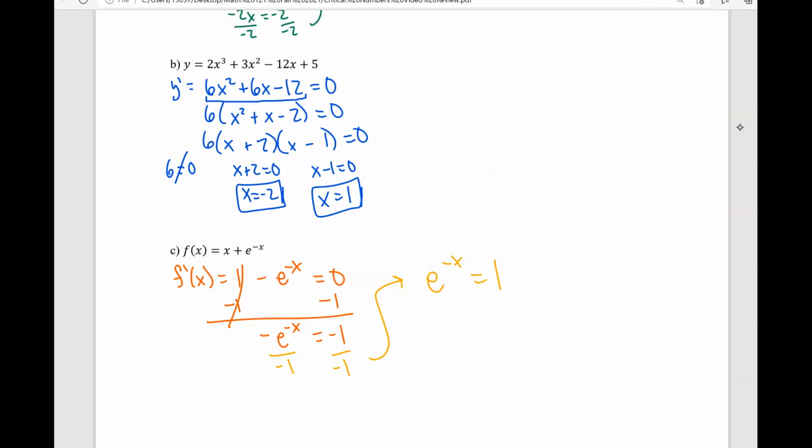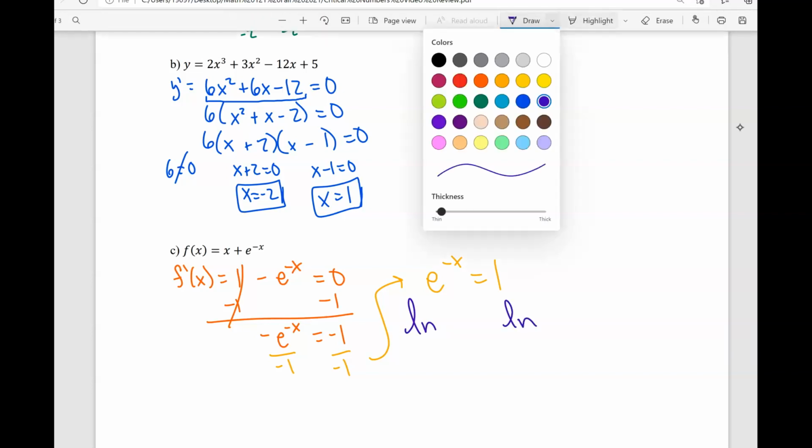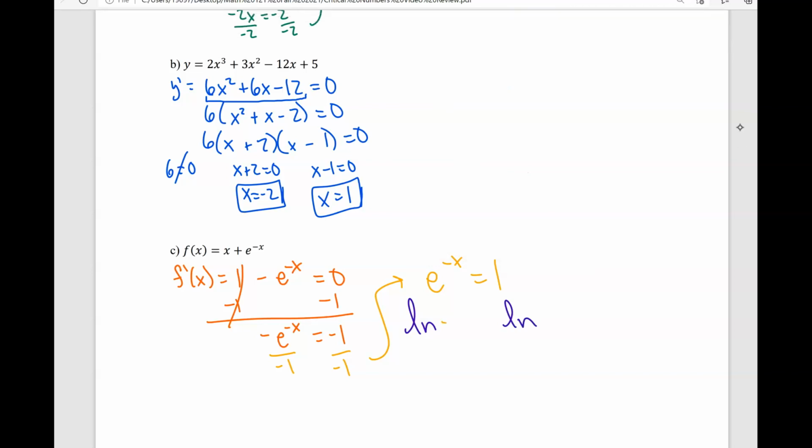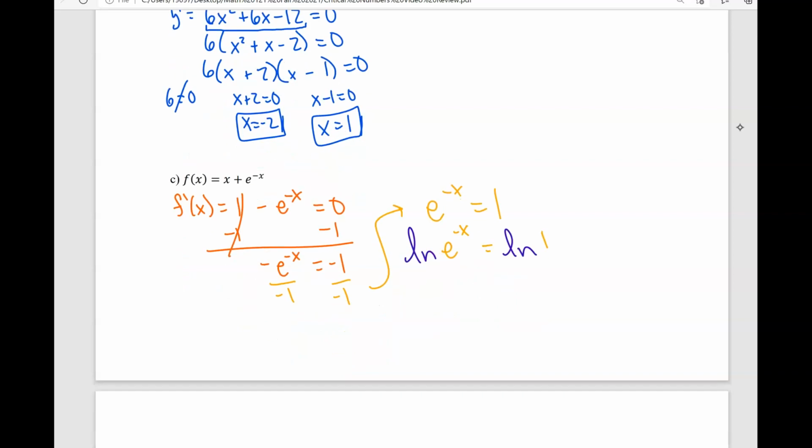And now we're going to get rid of that e. So what we're going to do is apply natural log to both sides of that e to the negative x equals 1. So then this is just going to give me negative x equals ln of 1, which is 0. So basically x equals 0 is my critical number.